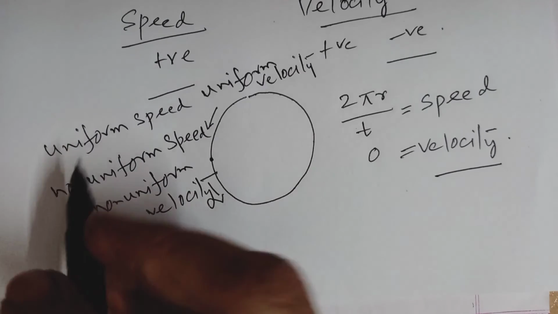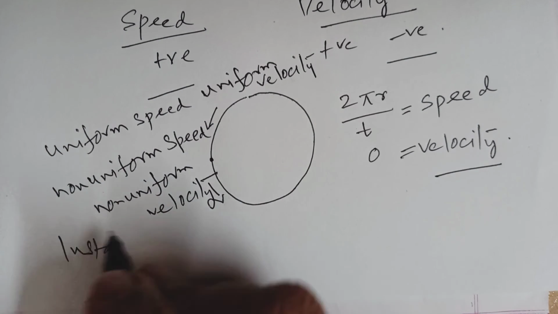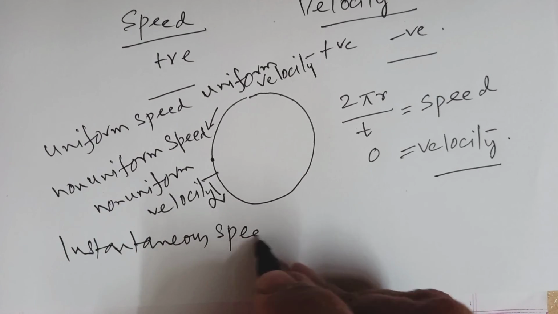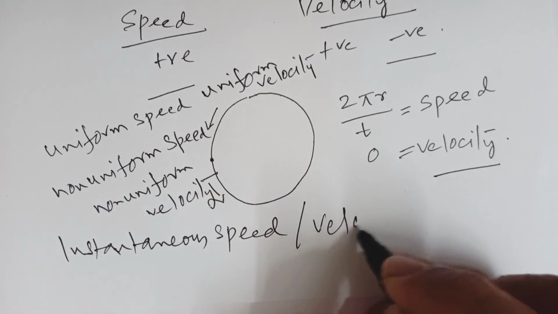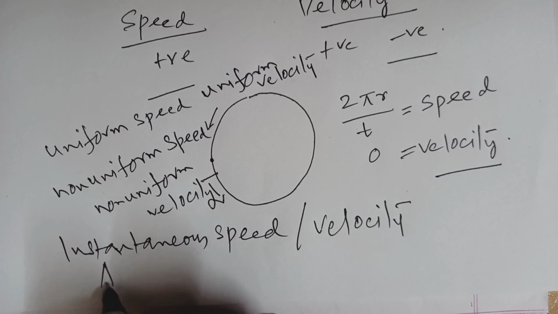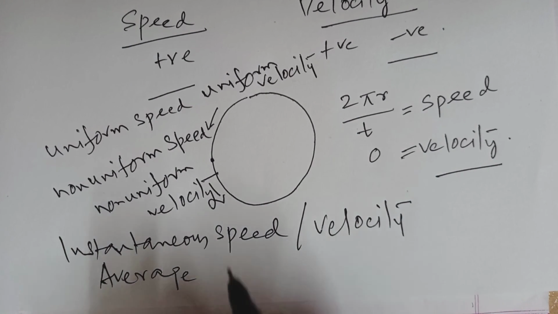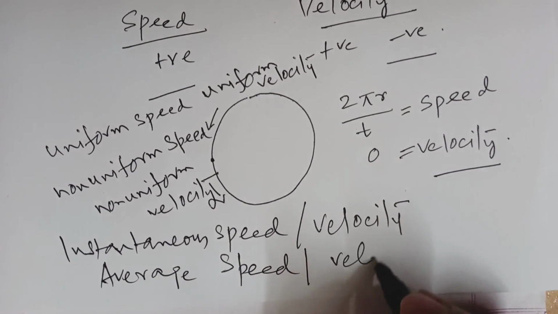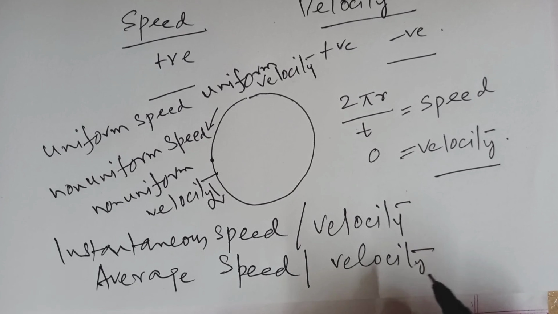Then instantaneous speed and instantaneous velocity, and lastly average speed along with average velocity.